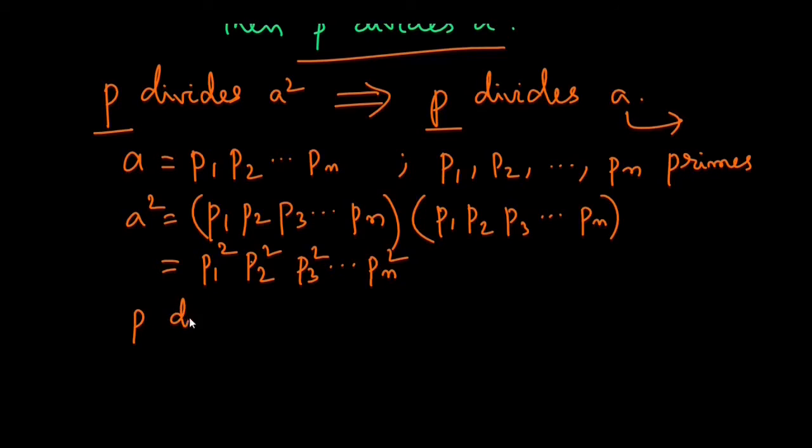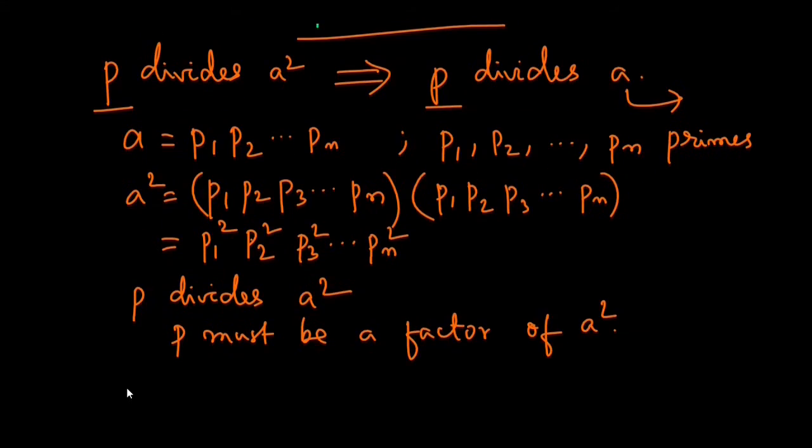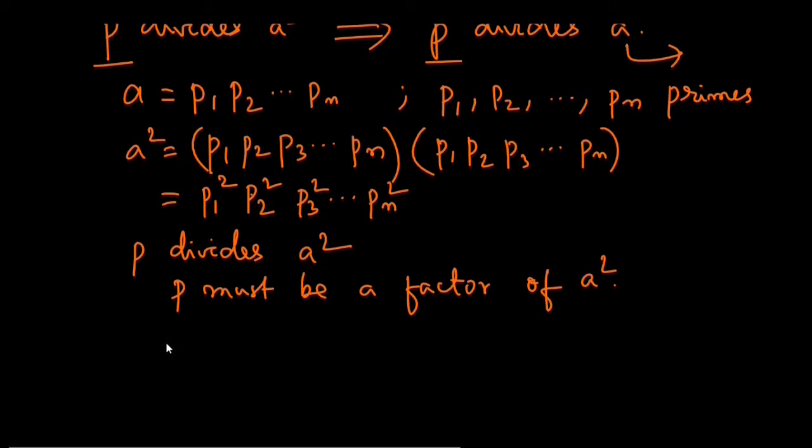p divides a square. p divides a square means, by the fundamental theorem of arithmetic, p must be a factor of a square. But from the uniqueness part of the fundamental theorem of arithmetic, the prime factorization for a square must be p1 square, p2 square, p3 square, etc. pn square.